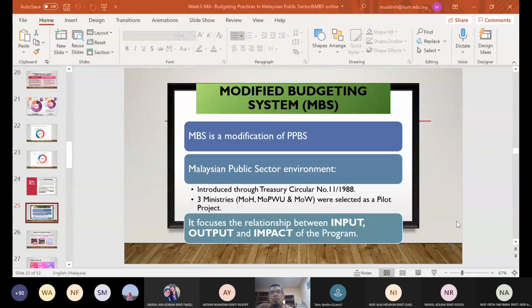Almost 90%, or maybe 95%, of this salary is for the agency level as well as for professionals: teachers, doctors, defense.